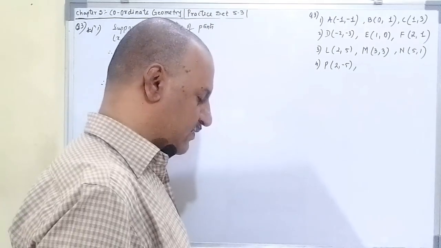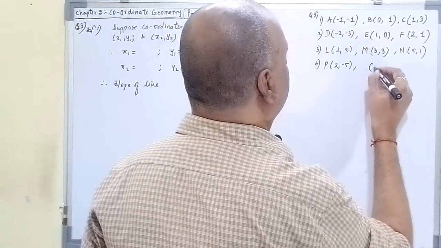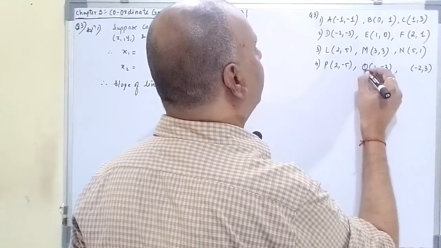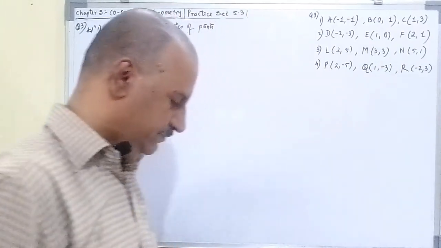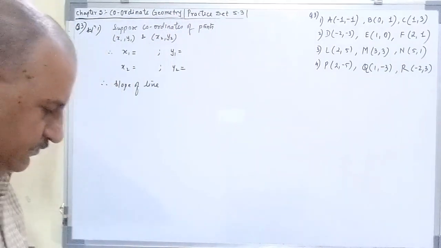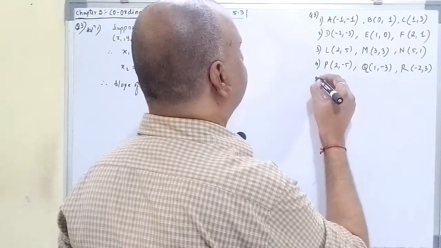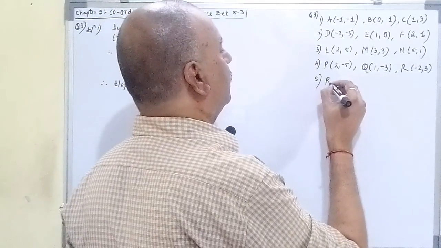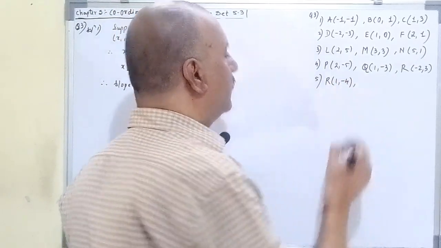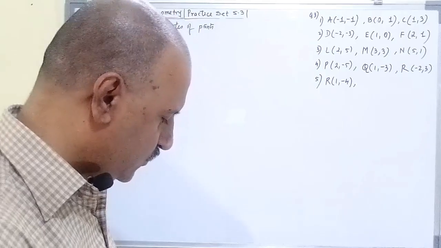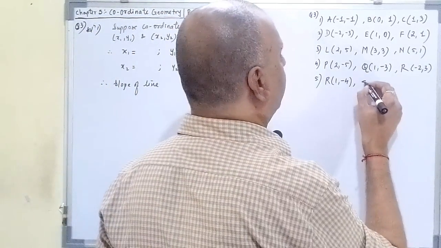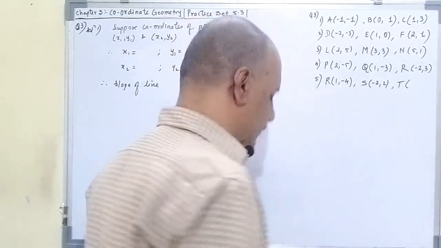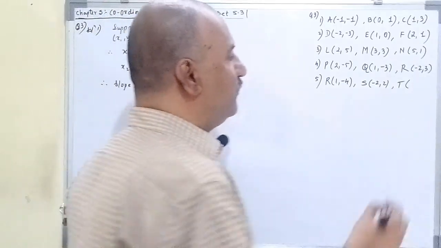This is our Q and this is R. Fifth question. R is 1, minus 4, minus 2, 2, and T is minus 3, 4.